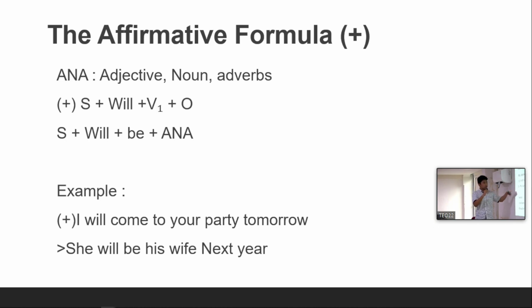Nominal formula is subject plus will plus be plus A and A, where A is adjective, noun, and adverb. For the example for the verbal sentence: I will come to your party tomorrow. And for the nominal sentence: she will be his wife next year.